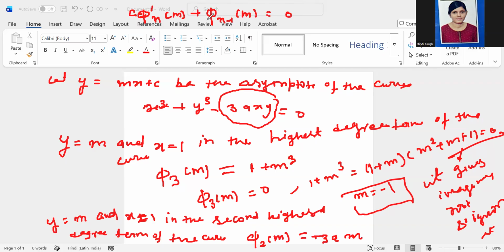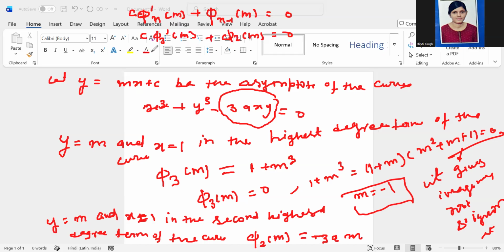So what is n here? n is the degree of the curve, the highest degree. So here the degree of the curve is 3. So just write here c phi 3 dash of m plus phi 2 of m equals 0. Just put the values of both and calculate the value of c.